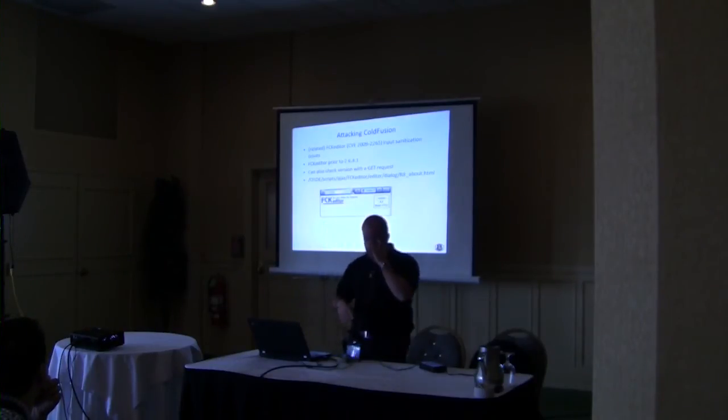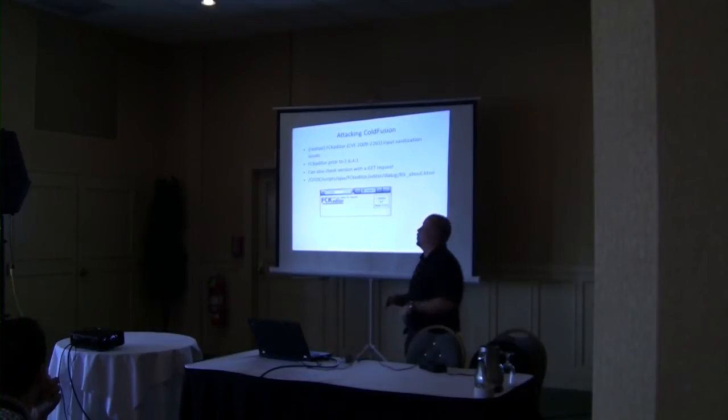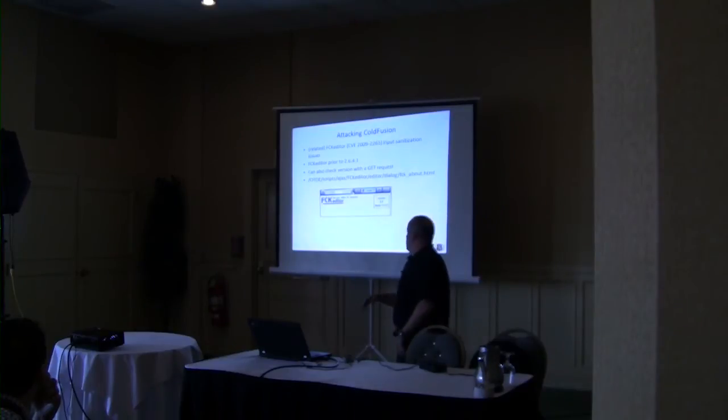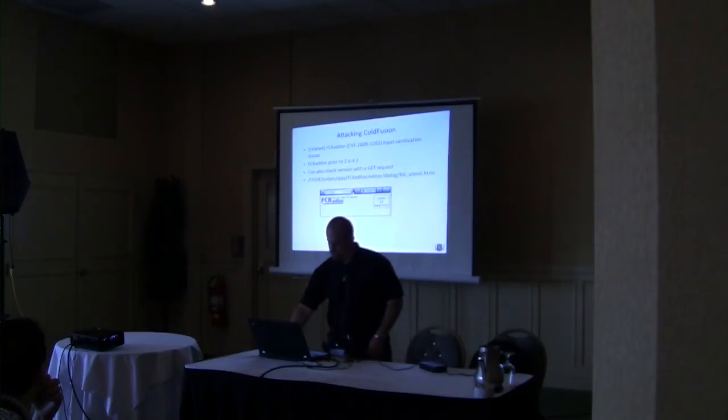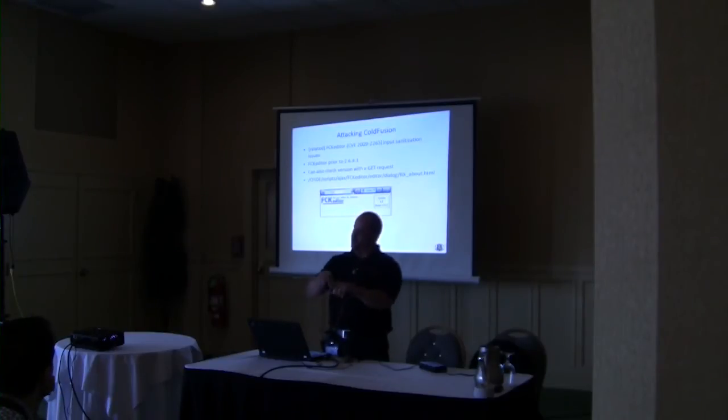It affected FCK Editor prior to 2.6.4.1. You can always check the version by checking that URL, and it comes back with the ColdFusion version and the FCK Editor version that's running. So, useful. All right, so if I'm looking for that bug, I figured out that it's 8. I've got my path.